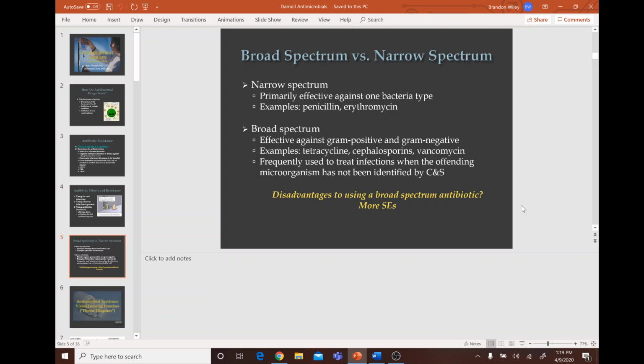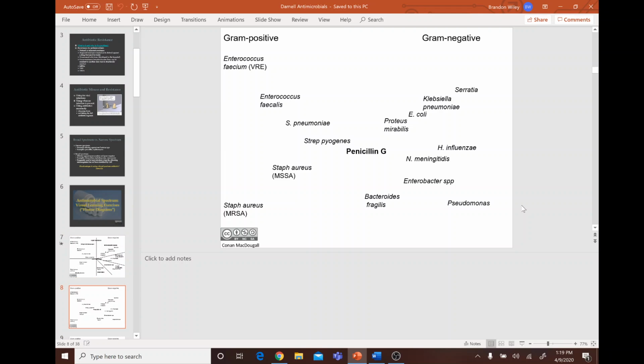What are the broad spectrum drugs frequently used to treat? Infections when the offending microorganism has not been identified by culture and sensitivity. What is a big disadvantage to using broad spectrum antibiotics? More side effects.